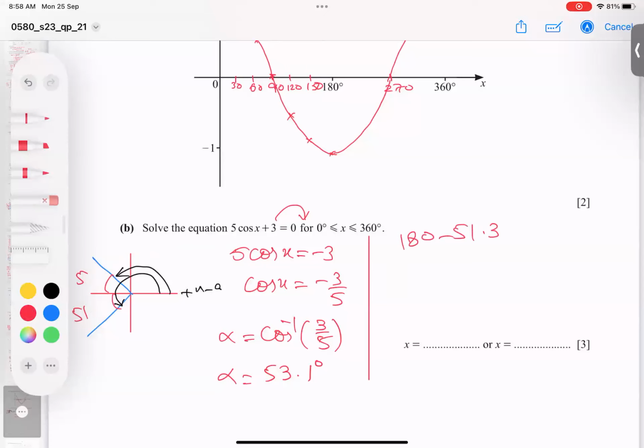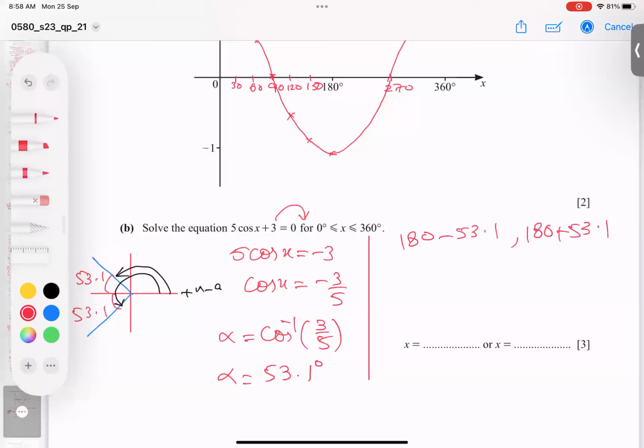I wrote this the opposite. So 180 minus 53.1 is the first answer. The other one moves forward, so it means 180 plus 53.1. So one is minus and one is plus.